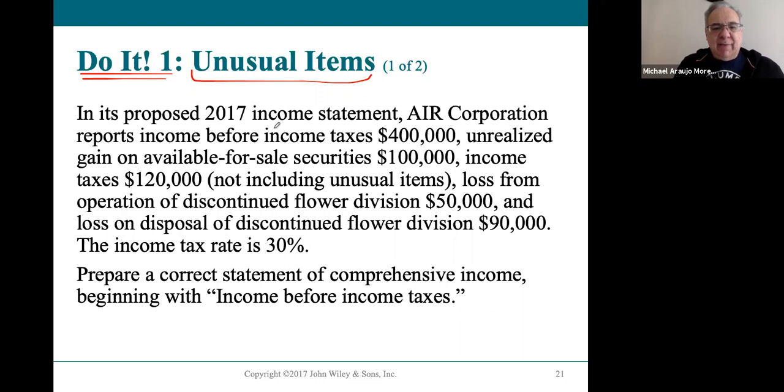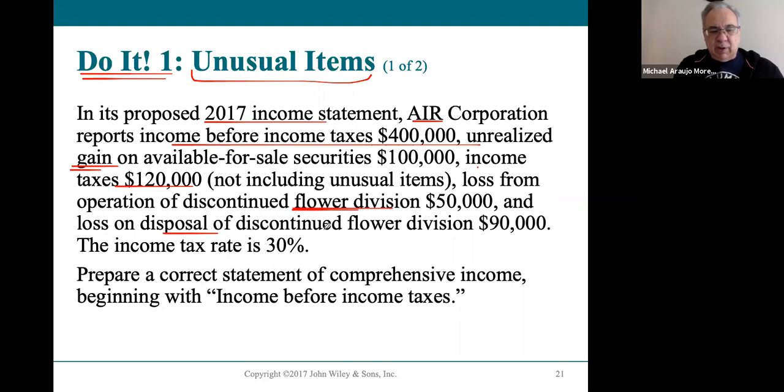Here we have 2017 income statement information for Air Corporation. They have their profit before tax of $400,000. They have an unrealized gain on their securities of $100,000. Income taxes of $120,000. Loss from discontinued flour division, $50,000.